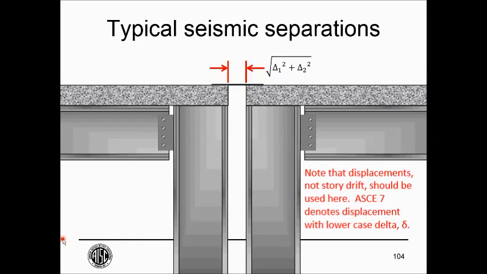So what we do is we take a sort of probabilistic approach and design that separation for essentially the square root of the sum of the squares of the displacements, and those are the amplified displacements, including C sub d, of the two portions of the structure. And we make sure that we don't get structural damage under that level of relative displacement.